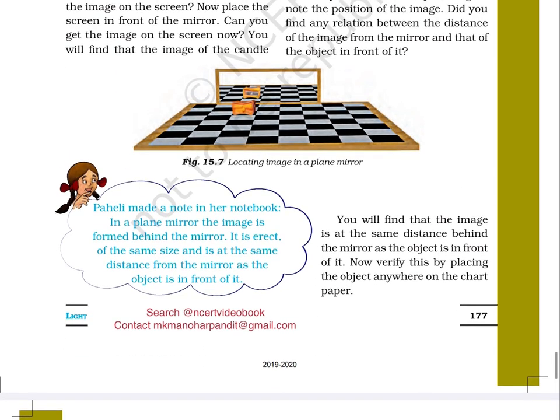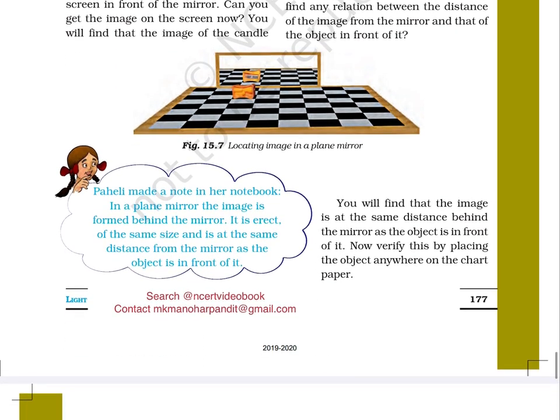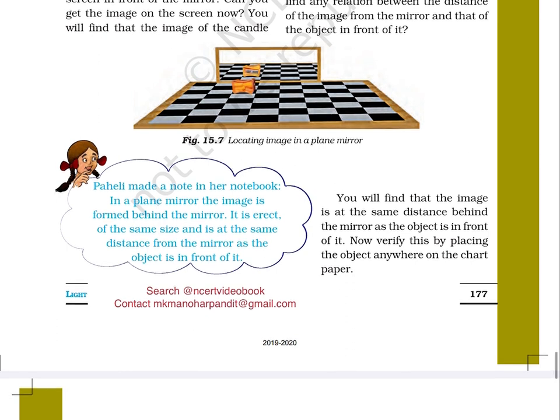Now verify this by placing the object anywhere on the chart paper. Figure 15.7, locating image in a plane mirror. Here, we are conducting the experiment with a mirror, a pencil sharpener, and a chessboard.